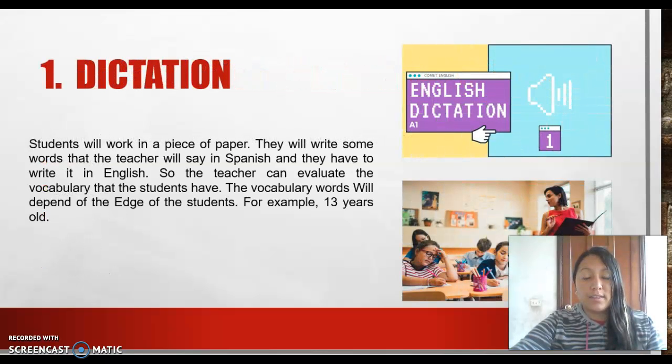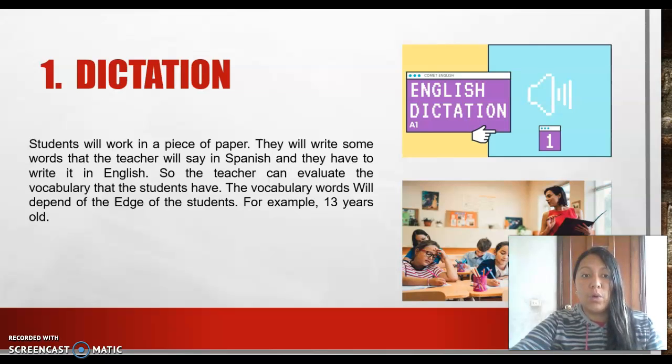The first task that I designed is dictation. The dictation is the first task that I designed to evaluate students through writing. Students will work on a piece of paper. They will write some words that the teacher will say in Spanish, and they have to write them in English.